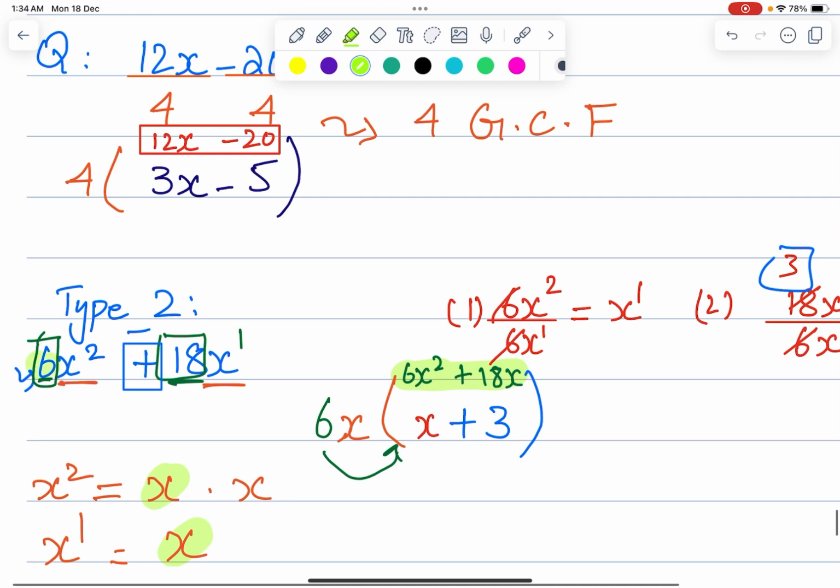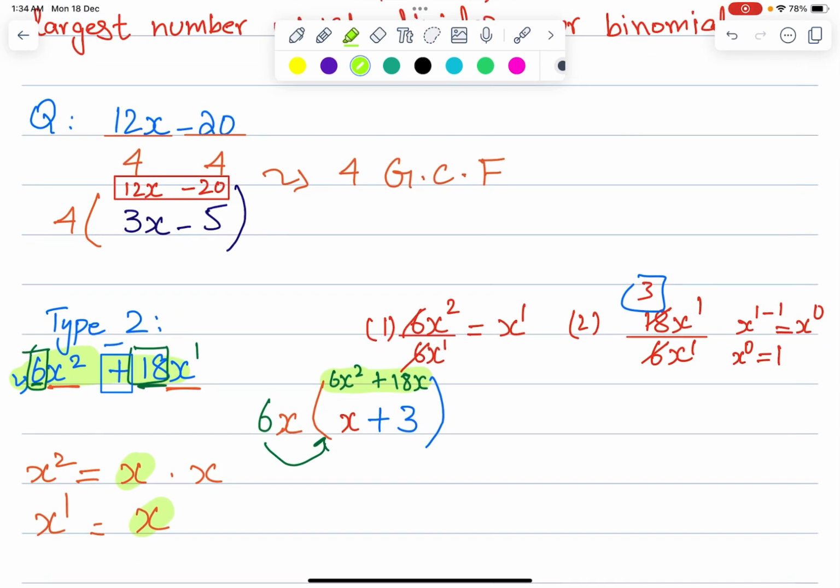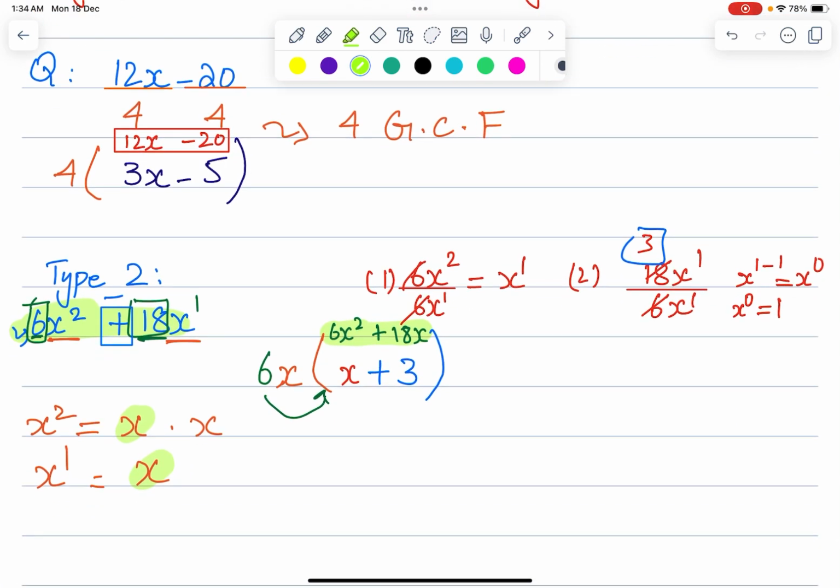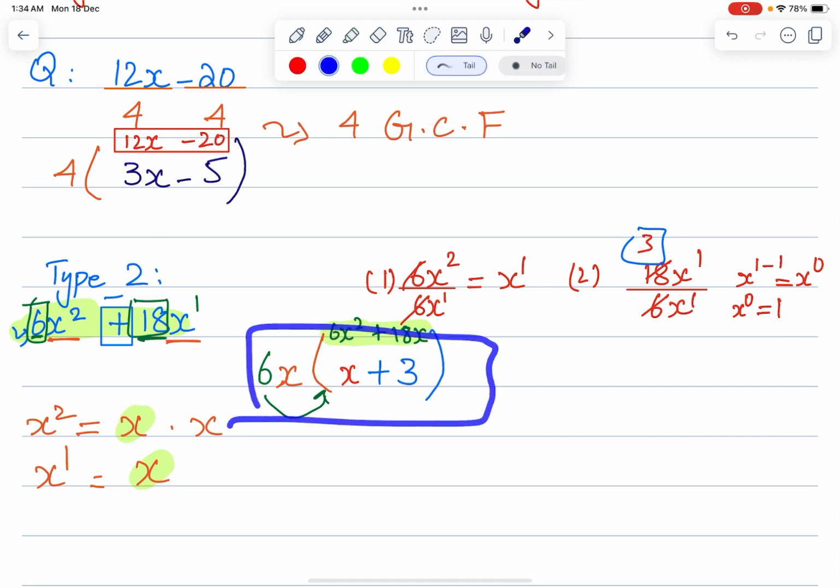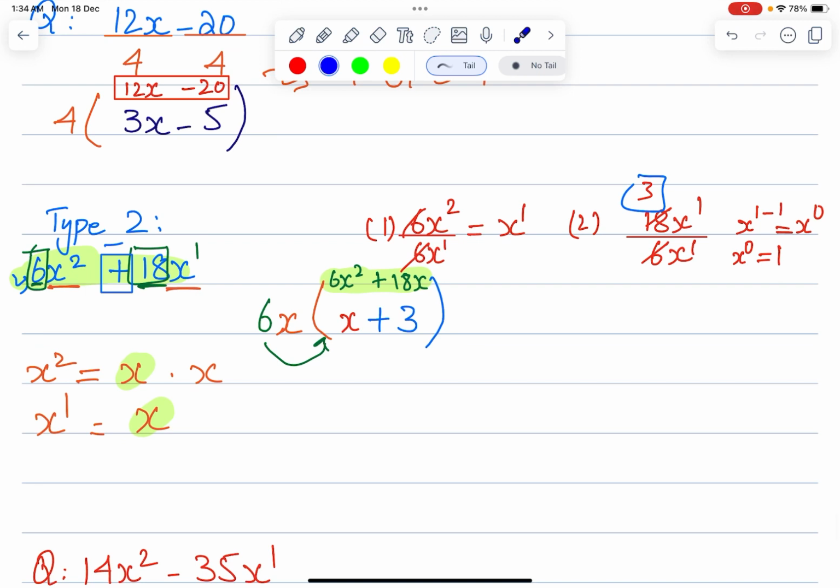So look, aren't they the same thing? 6x to the power 2 plus 18x to the power 1 and 6x to the power 2 plus 18x to the power 1. So this is how you actually factor out your greatest common factor and you figure out which is your greatest common factor. Just remember this step when you're doing it for the constants. When you have two variable terms, firstly do it for the constants, the numbers, and for numbers we got 6.